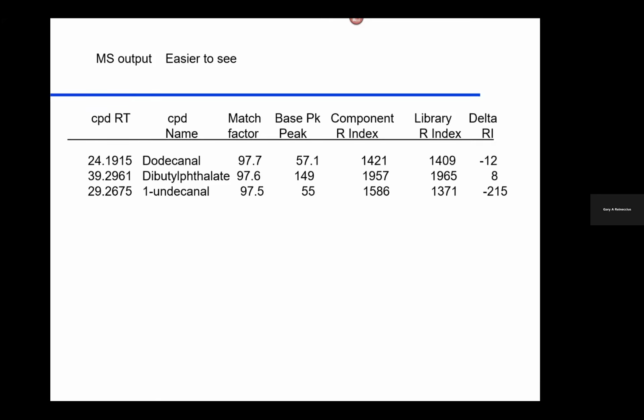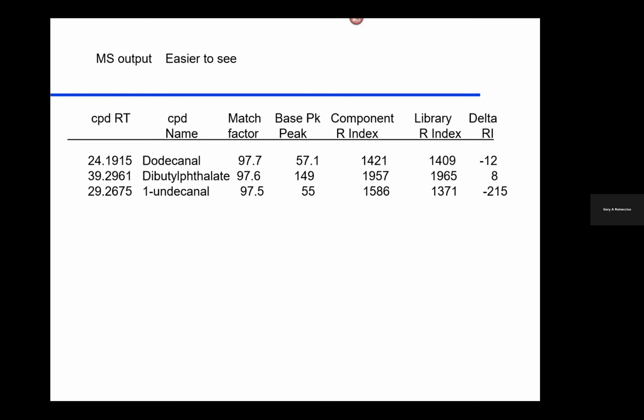This also does something else for you which is really helpful, and that is that you have your retention indices. We typically will make a run on either the GCMS or the LCMS.